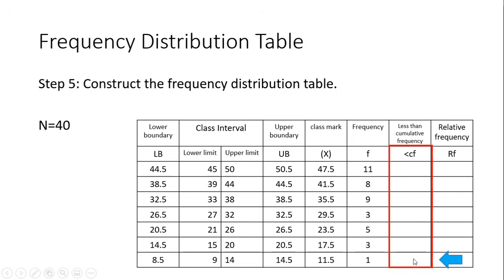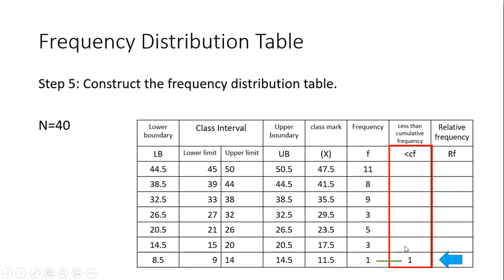For our less than cumulative frequency, the first item will be equal to the first number found at the bottom of your frequency column. To put it simply, you will just copy. So in here we have 1, you just copy, so you place 1.